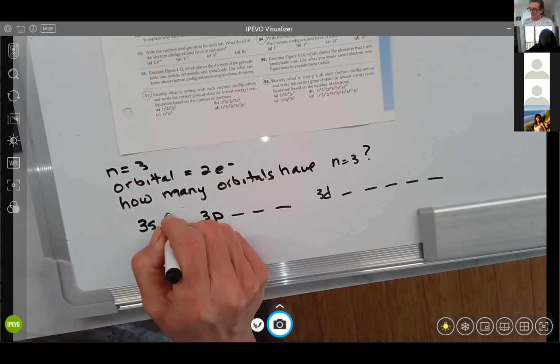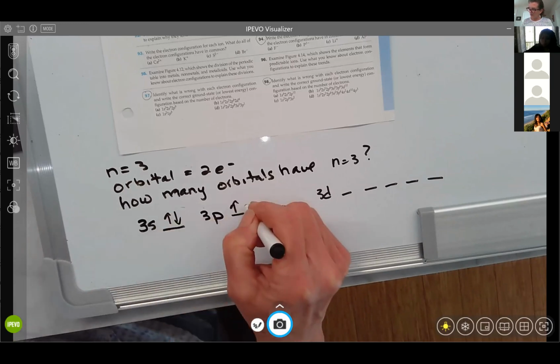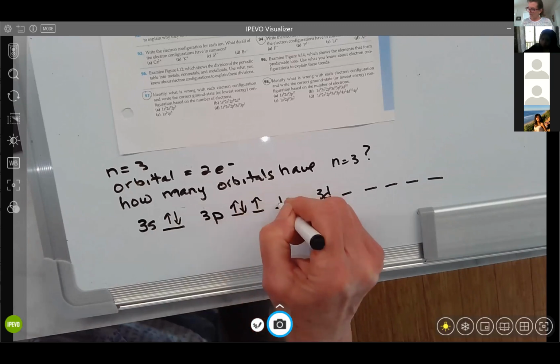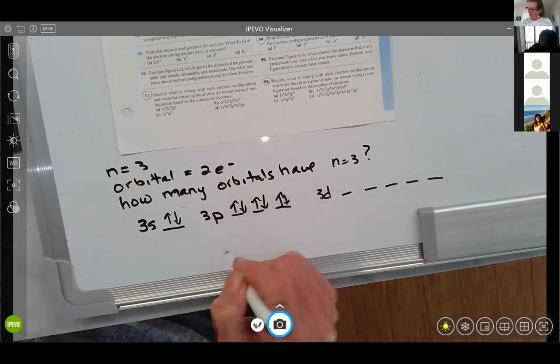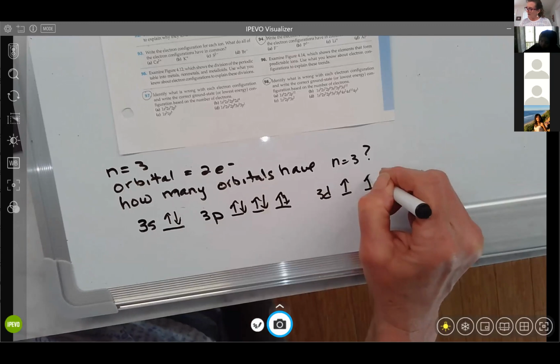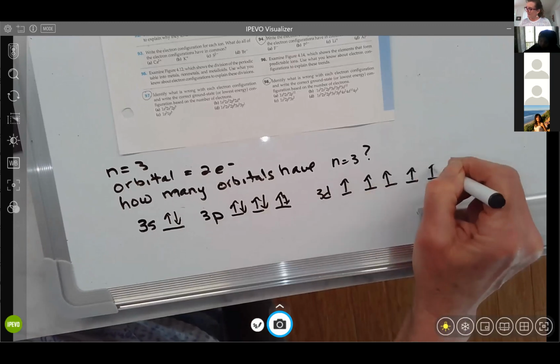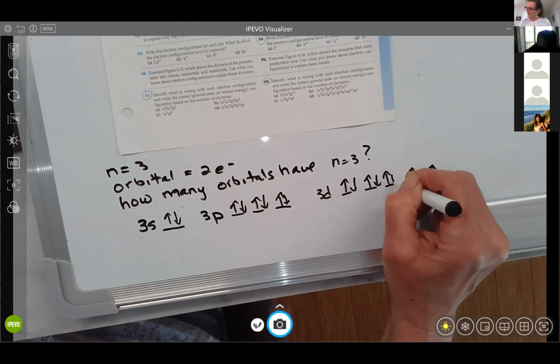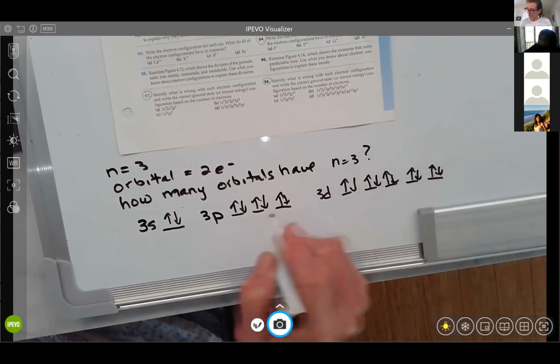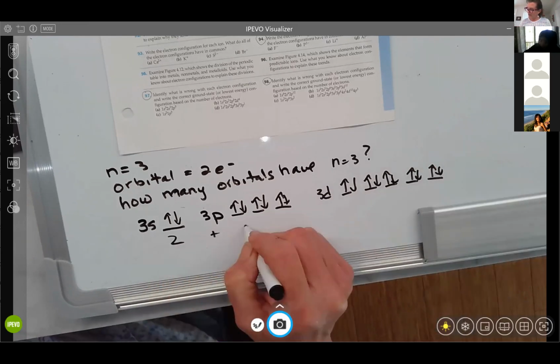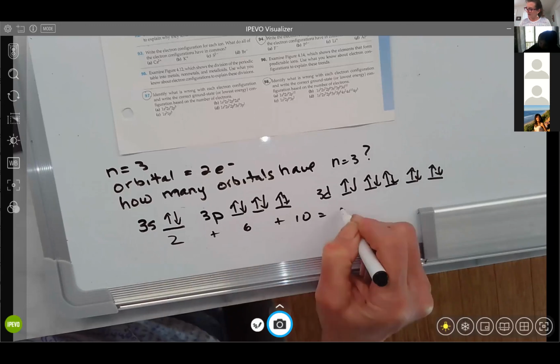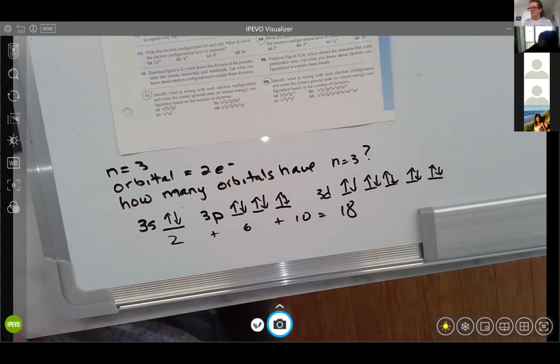So that's 8 for s and p. And then the d's can hold 10. So it would be 2 plus 6 plus 10, that's 18. That's the maximum number of electrons that can be in the n equals 3 quantum shell.